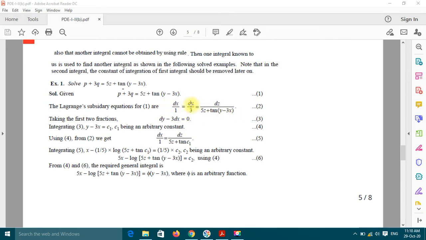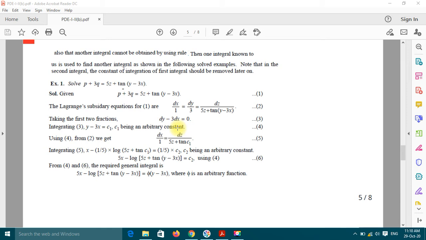Now we take the first two expressions, dx upon 1 is equal to dy upon 3. It means dy minus 3 dx is equal to 0. Now integrate it. If we integrate it, then we get y minus 3x is equal to c1, where c1 is an arbitrary constant.